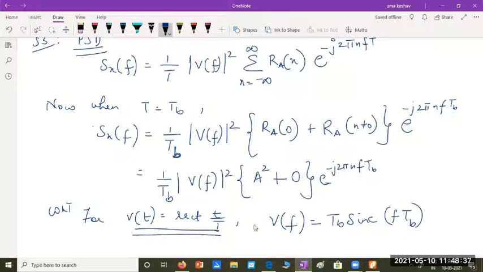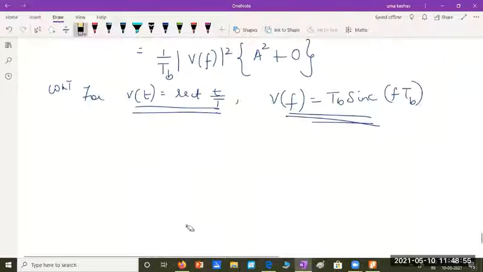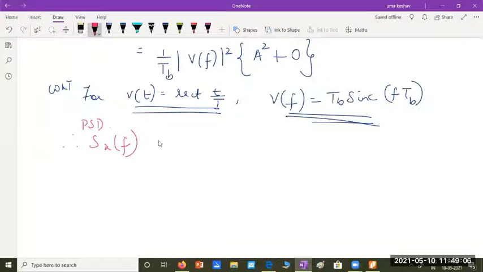If this is a rectangular function, its Fourier transform is a sinc function. So even here I can remove this e. E is taken care of. I'll just consider, therefore, Sx of f, the PSD, should be given as 1 by Tb into what is this V of f?